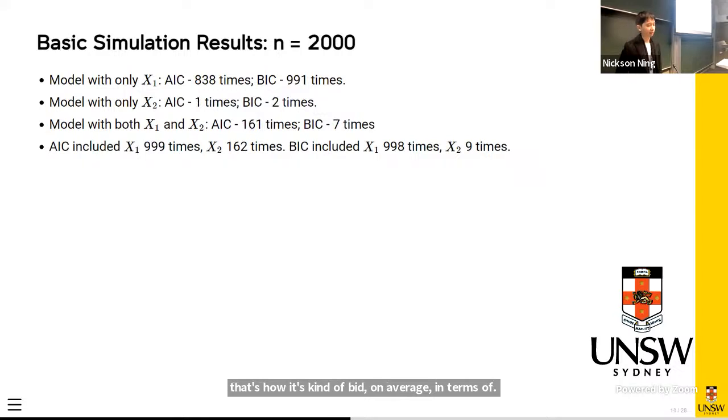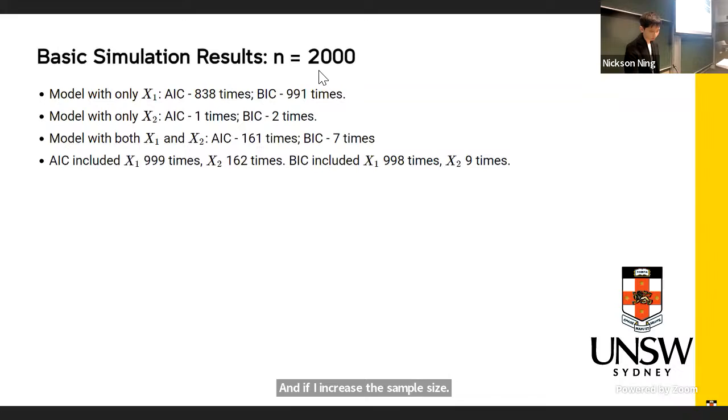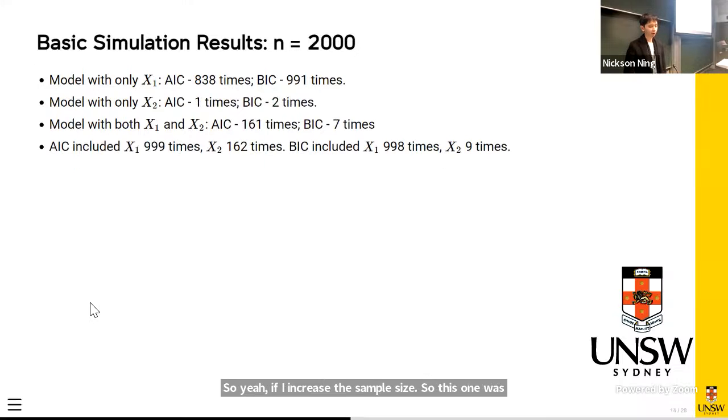And if I increase the sample size, okay, so yeah, this one was 1,000. Now, if I increase the sample size to 2,000, you can see that it's still a similar story.